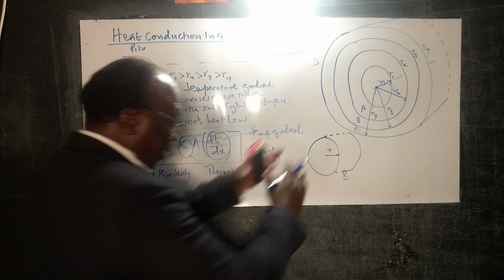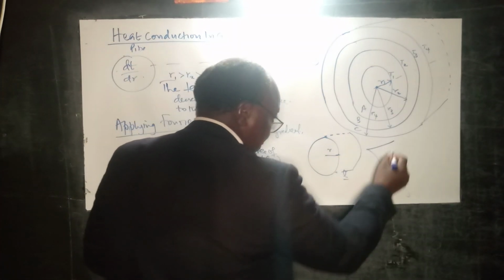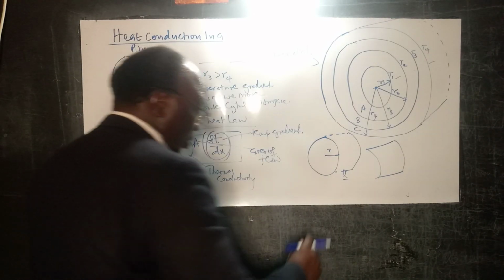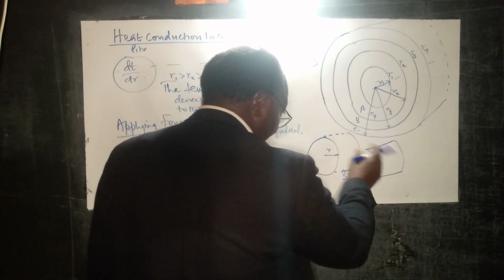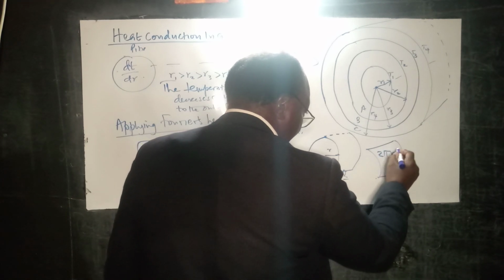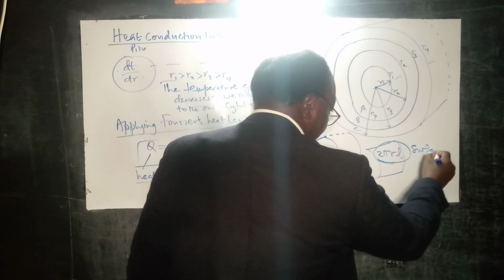So if you open this pipe, then you will see that for this particular pipe, the surface area will be 2 pi r times L. That will be the surface area.